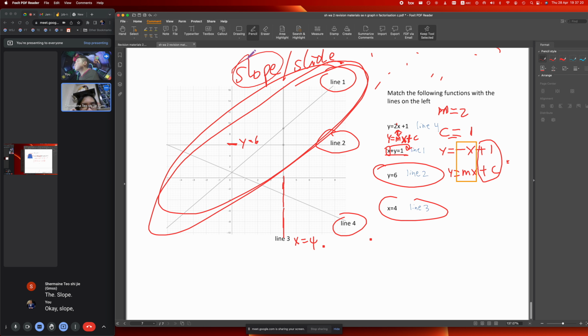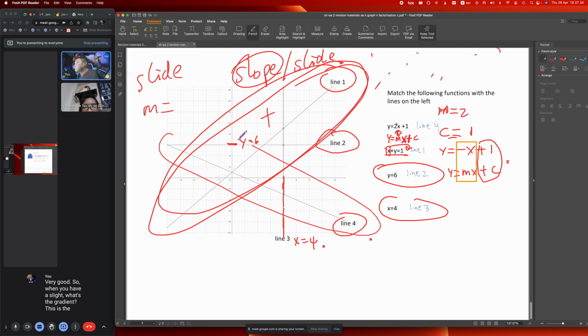So when you have a slope, the gradient has to be positive. Very good. When you have a slide, what's the gradient? Line 4 is a slide, so the gradient is negative. If you don't know how to see the gradient, you cannot do this question.